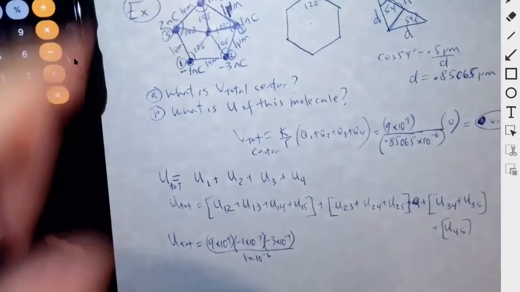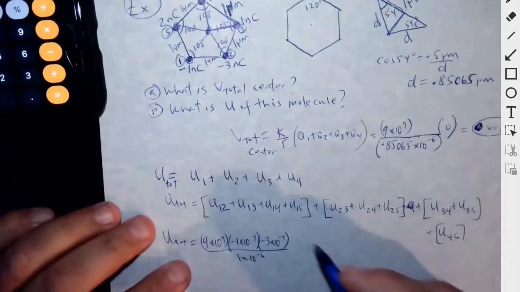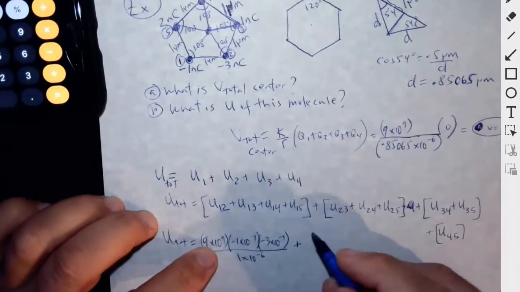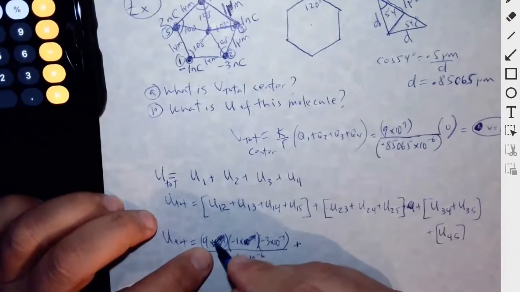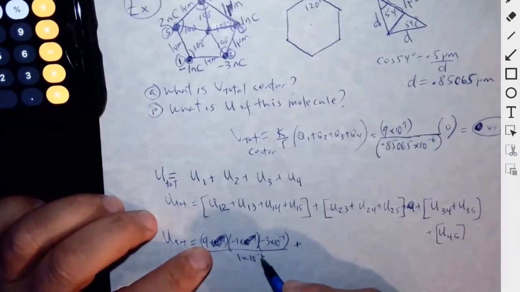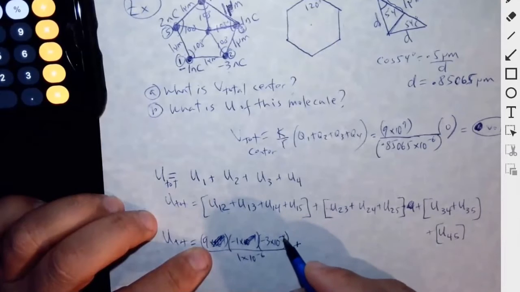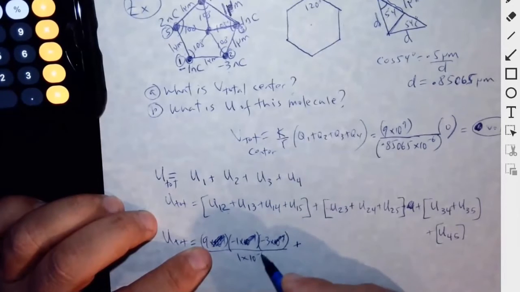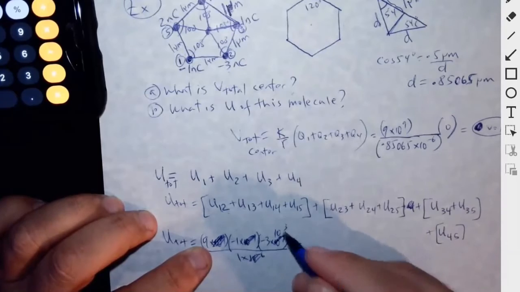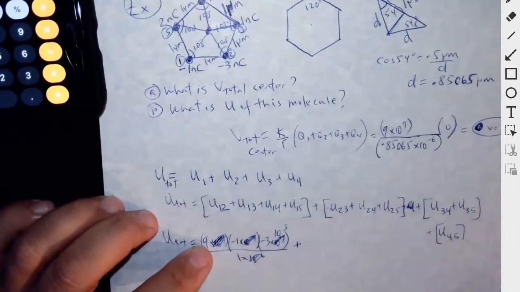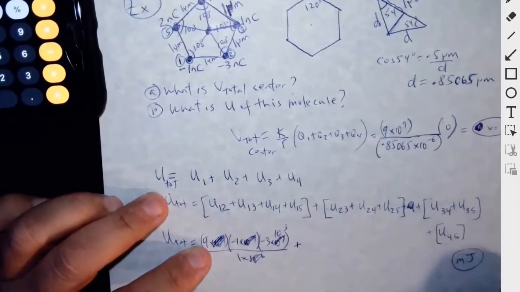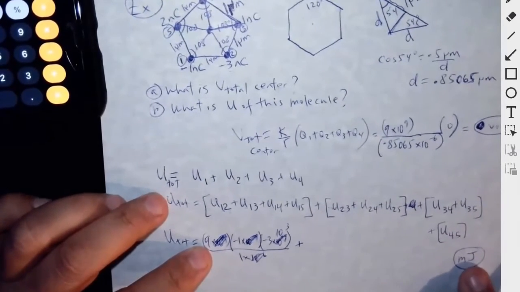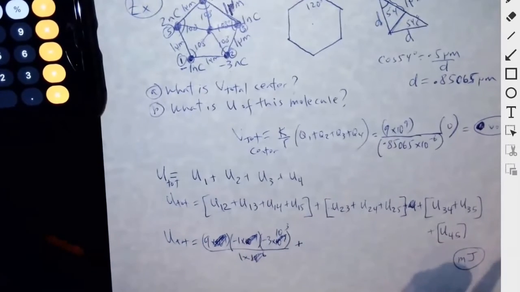Okay, that's better. Let's not write all the 9s, so maybe this one is redundant. And then the power of 10: 10 to the minus 9 over 10 to the minus 6 is going to come out 10 to the minus 3. So all of them are going to come out 10 to the minus 3, so the answer is going to be in millijoules at the end, because they're all going to be the same order of power of 10, right?